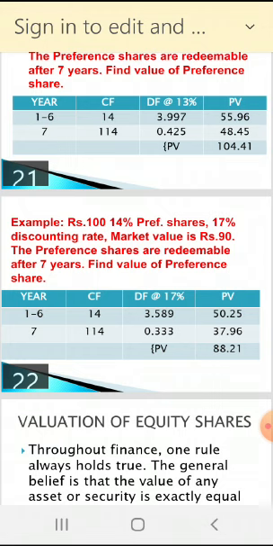Now tell me, do we have to buy or not? Present value is 88.21 and it is available at 90 rupees. Are we fools to buy? Why should we pay more? So this understanding we have to get from this valuation concept. This understanding we also have to develop for any type of asset.